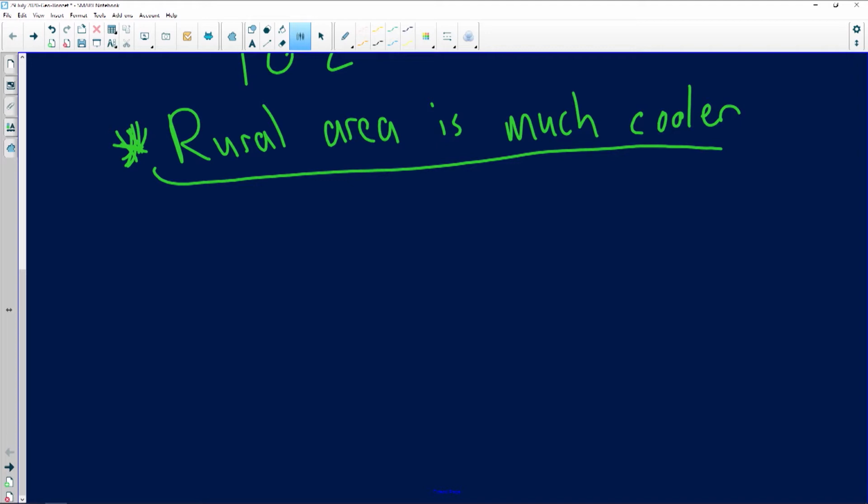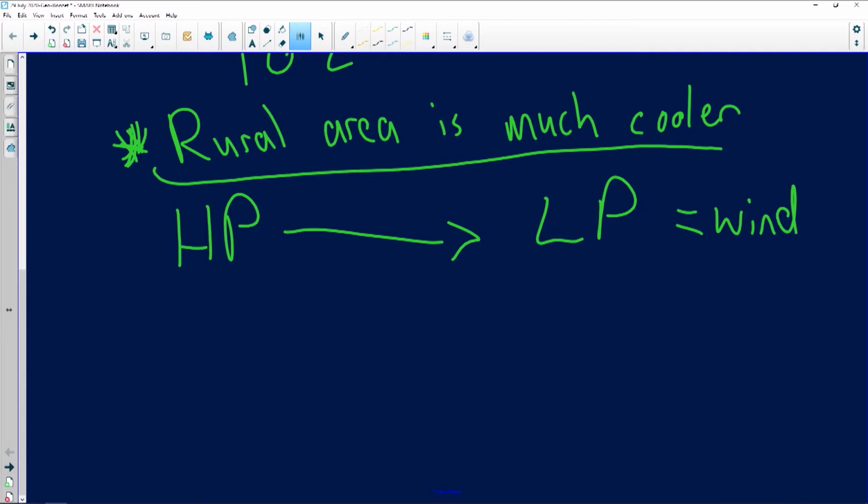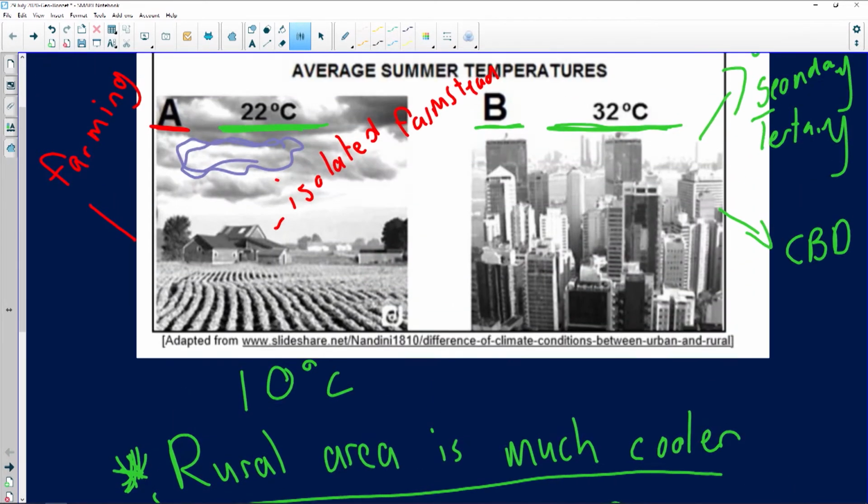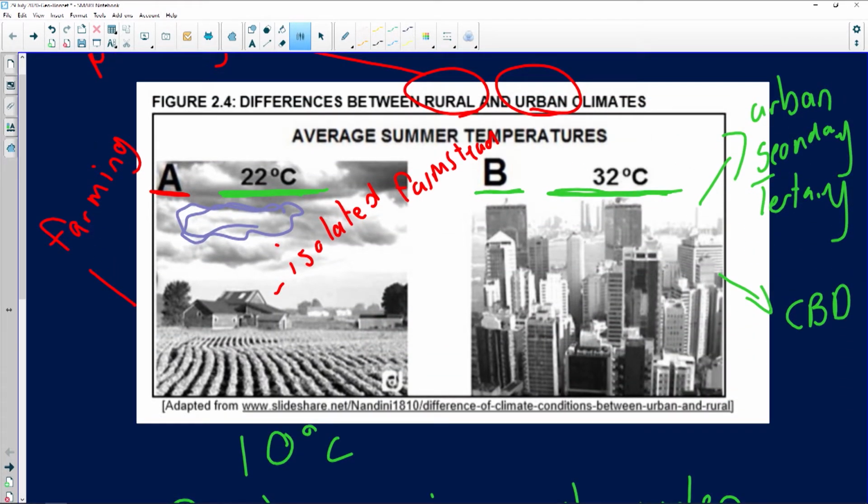Now, what is wind? It's the movement of air. As a grade 12 student, you used to know it's when air moves from high pressure to low pressure. That is known as wind. Where will we experience lower wind speeds, at A or at B?